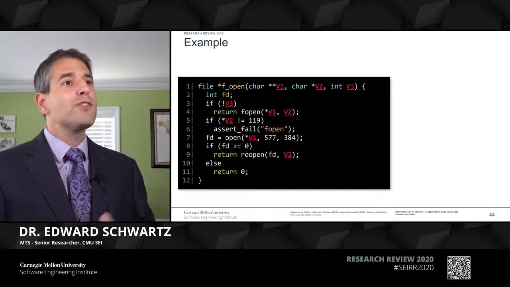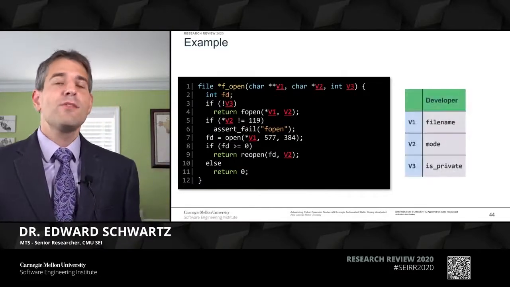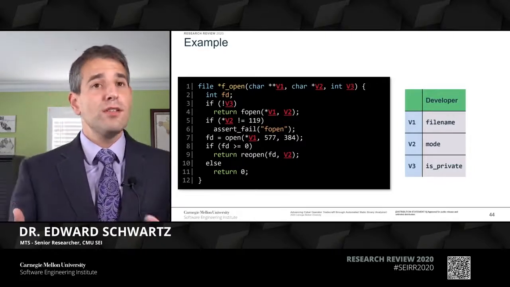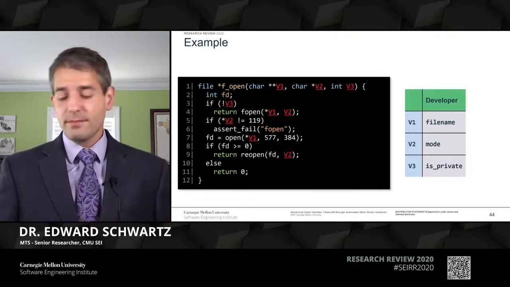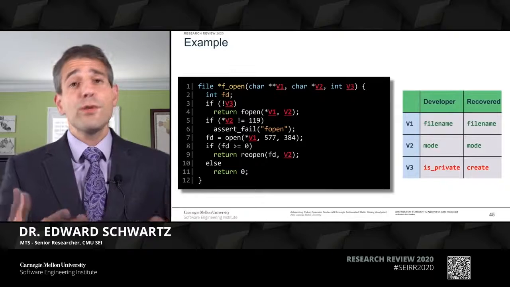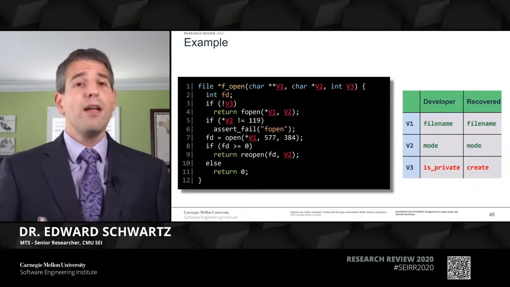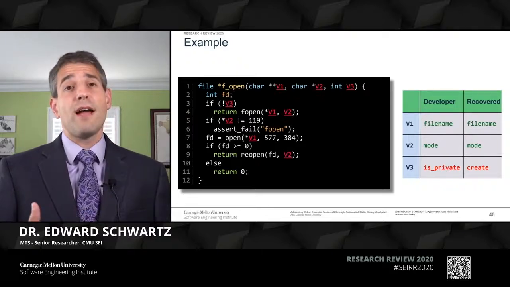So here's just another snippet of some decompiled source code. And the original names that the developer assigned to these different variables were file name, mode, and is private. So if we look at the names that our system was able to recover, we actually recovered file name and mode exactly correctly. But the third variable, we actually named create instead of is_private.